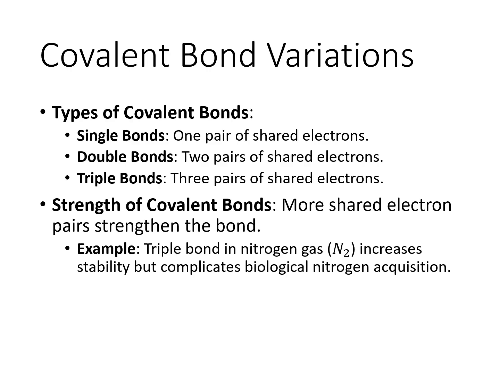The more electron pairs that are shared, the stronger and more stable the bond becomes. For example, the triple bond in nitrogen gas, written as N2, makes the molecule very stable, but also harder for living organisms to break apart and use. That's why nitrogen fixation is such a big deal in biology.